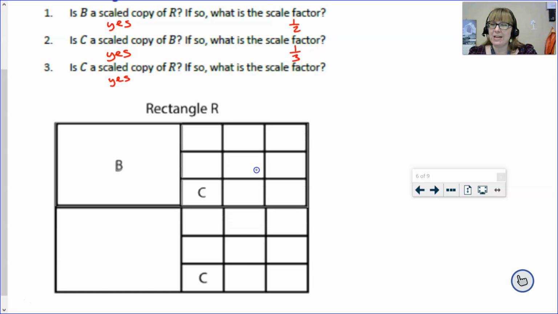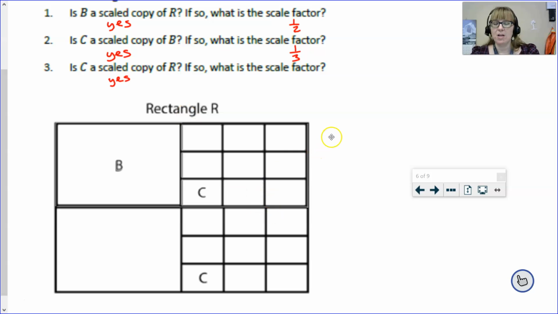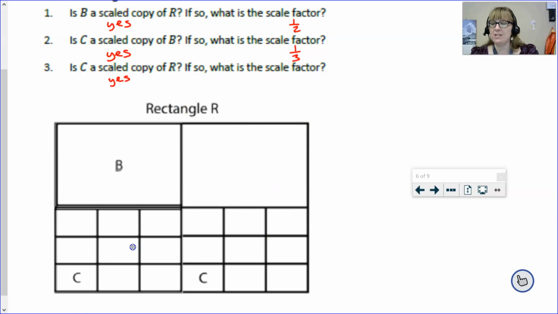It's like splitting rectangle R into all of these pieces. Rectangle R would be split 1, 2, 3, 4, 5, 6 ways going along the height, and 1, 2, 3, 4, 5, 6 ways going along the width. So I'm multiplying both the height and the width by the same number. That number is 1/6.